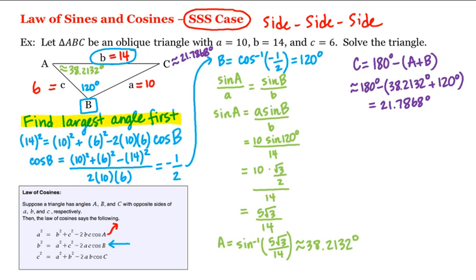And if we solve this for cosine of A, we'd get cosine of A is equal to b squared plus c squared minus a squared divided by 2 times b times c, which is equal to 14 squared plus 6 squared minus 10 squared divided by 2 times 14 times 6, which turns out to equal 11 divided by 14.